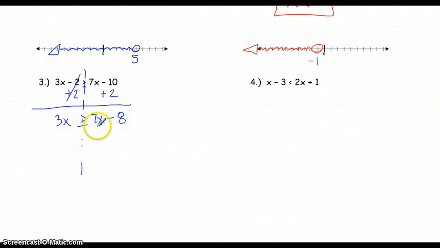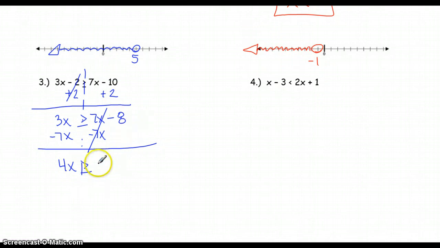Now it's important that I bring the 7x over to the other side. Since it's a positive 7x, we subtract 7x. 3x minus 7x is 4x, which is greater than or equal to negative 8. The last thing we do is divide by 4. The 4's go away.